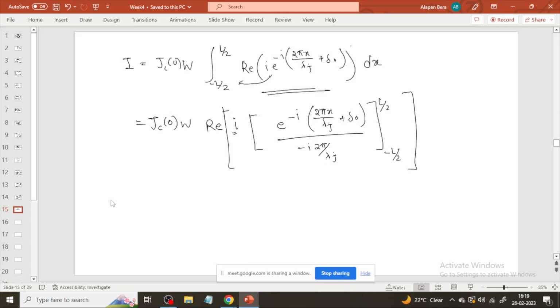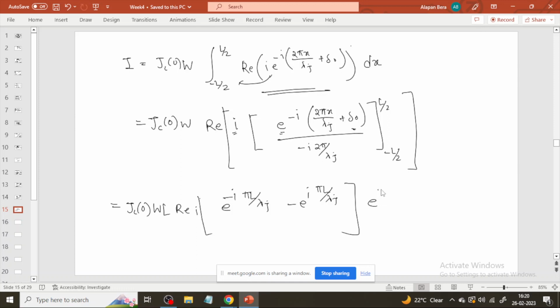Now to simplify it more, we multiply by L, where L is the length of the superconducting junction. This gives the real part of i, equal to minus i, pi L by lambda j.